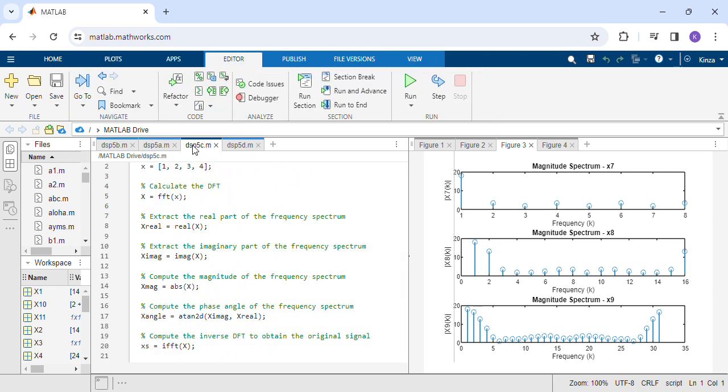Moving towards our next task. In this task, we were given an arbitrary signal.